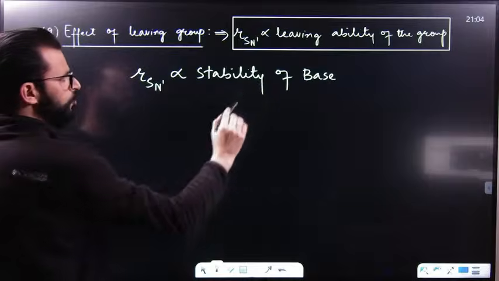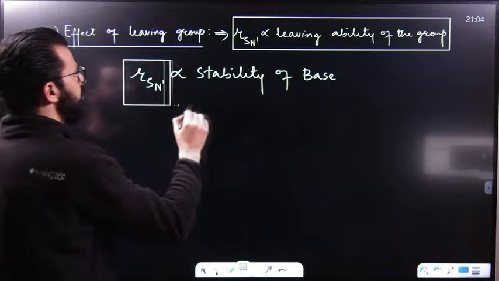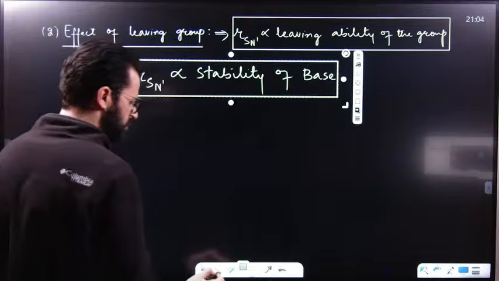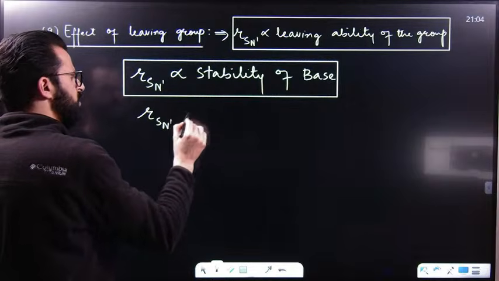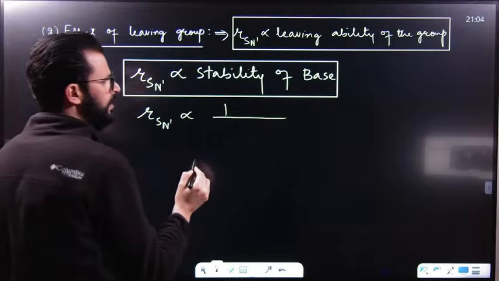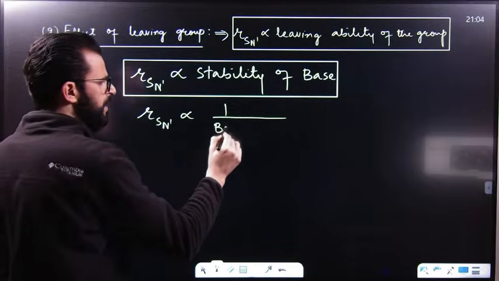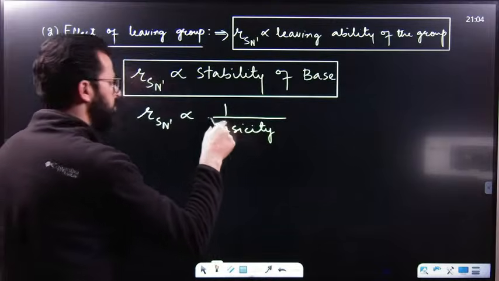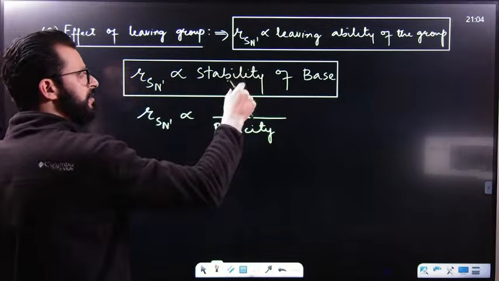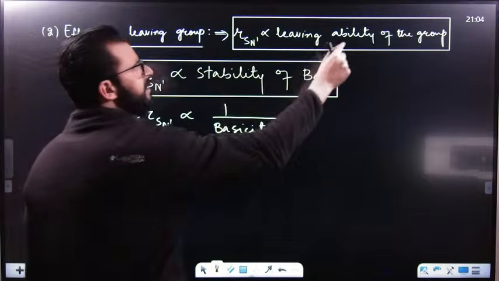That's why another formula can be R SN1. That means rate of SN1 is directly proportional to stability of base. Or you can simply say R SN1 is inversely proportional to basicity. That means the weaker the base, the more stable the base, and that's a good leaving group.